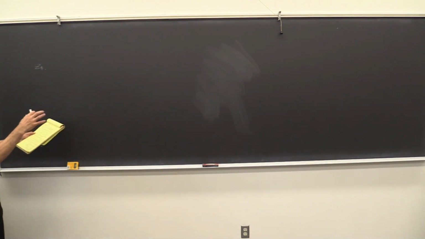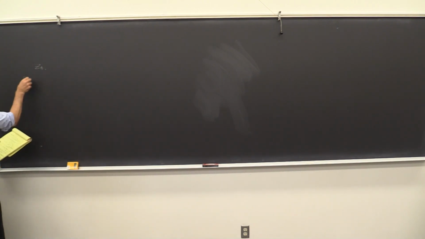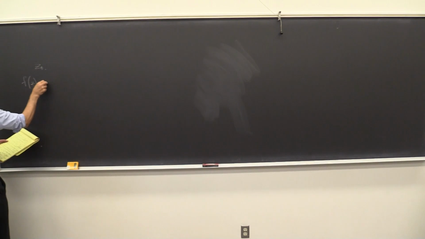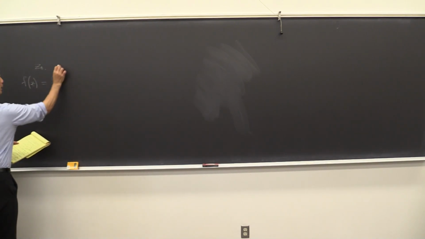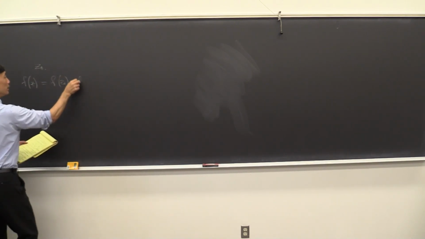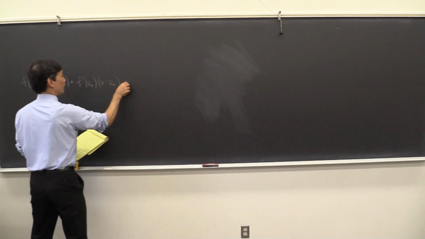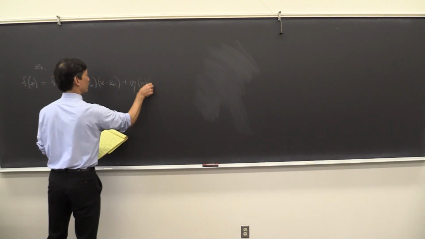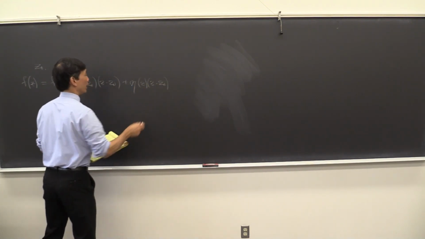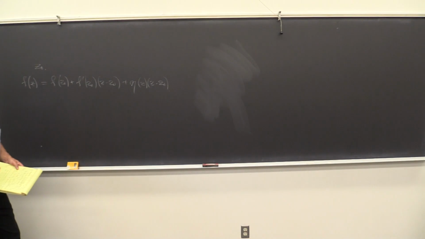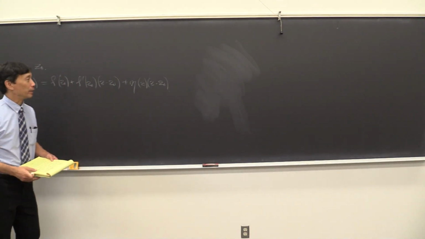And then you linearize f at z naught. So you write f as f of z naught plus f prime at z naught times z minus z naught, plus some error, where eta goes to 0 as z goes to z naught.